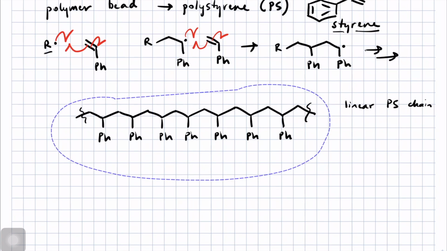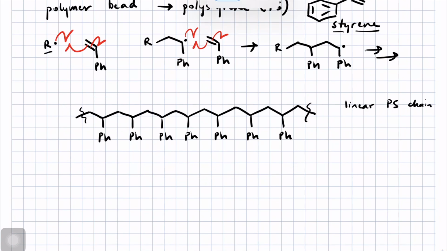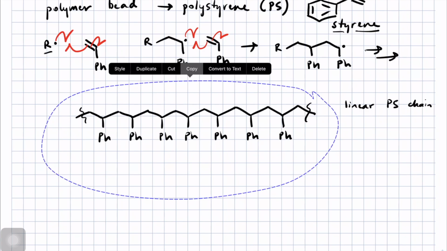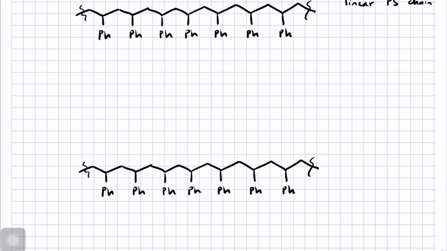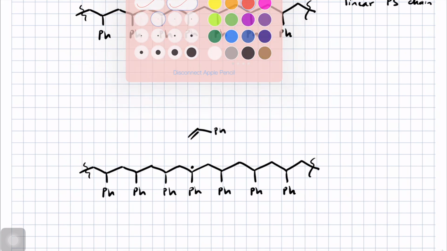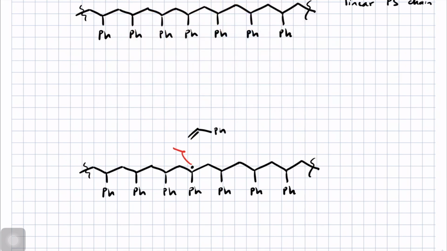And so that starts to result in cross-linked polymer. And depending on how you do the polymerization, so here's the benzylic radical, here's an example of the cross-linked polymer.